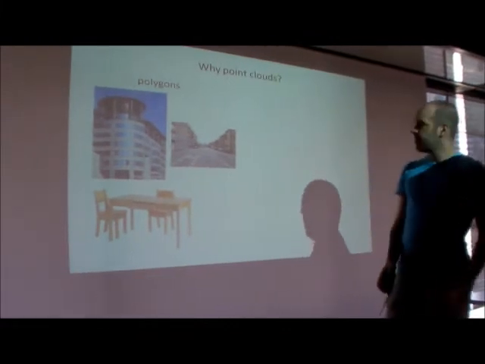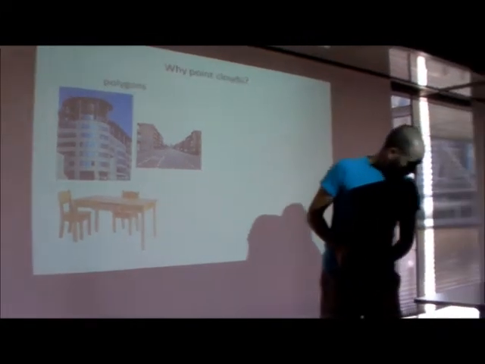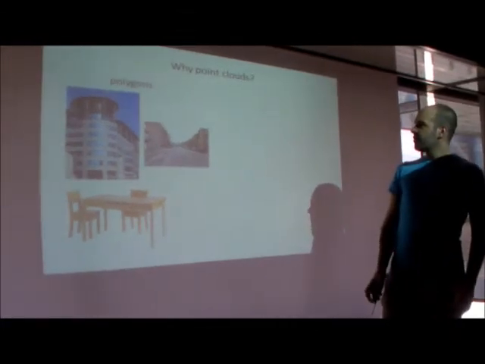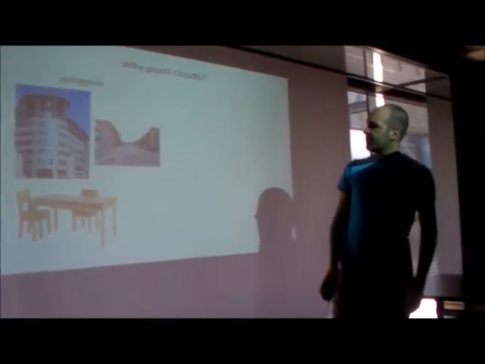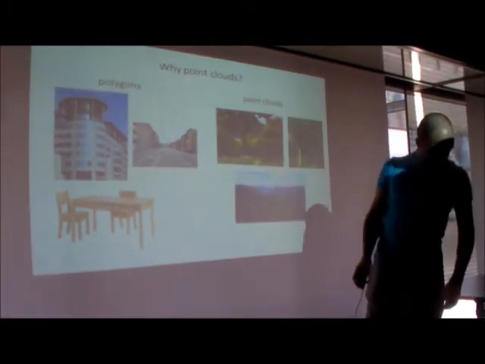Yeah, they're good at making stuff like this. You know, flat surfaces, lots of surfaces. But the real world isn't really very commonly like this. It's kind of more like this a lot of the time.